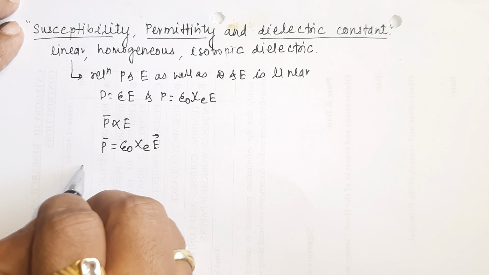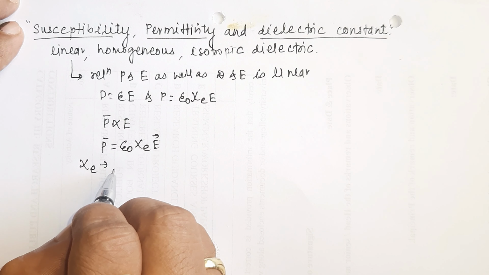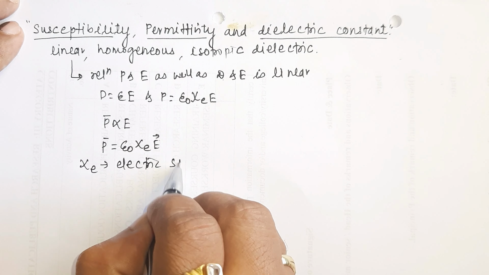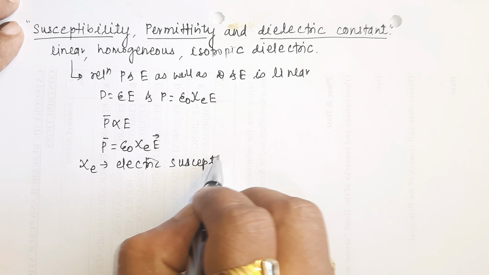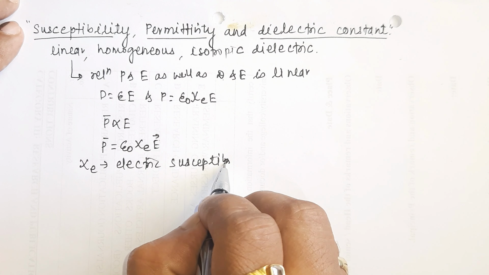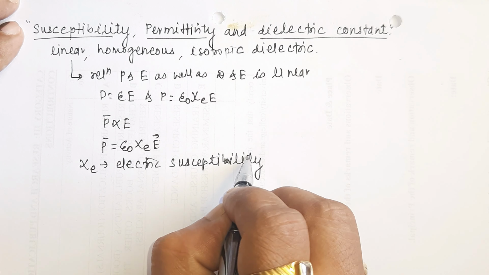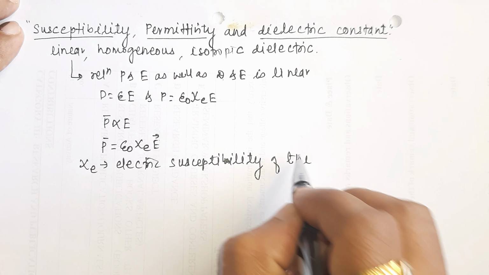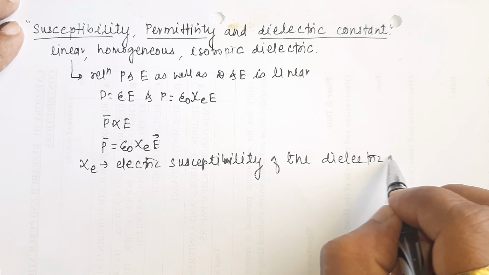This chi E is the electric susceptibility of the dielectric medium.